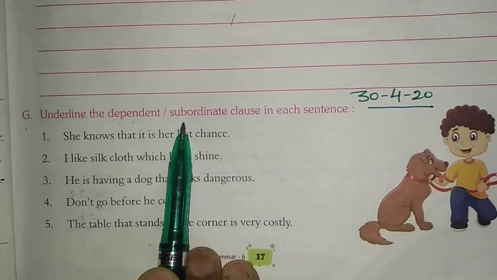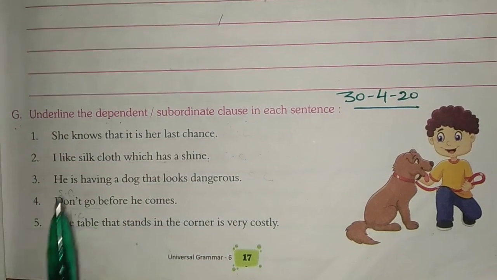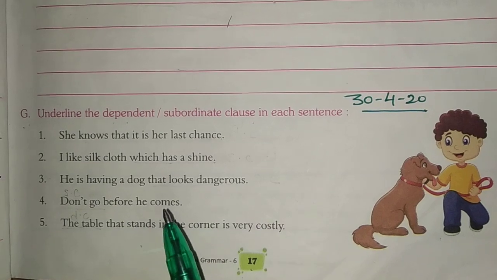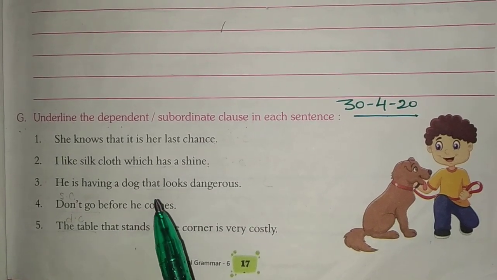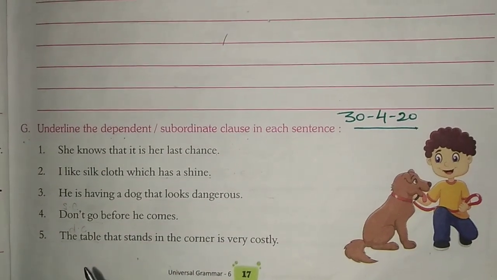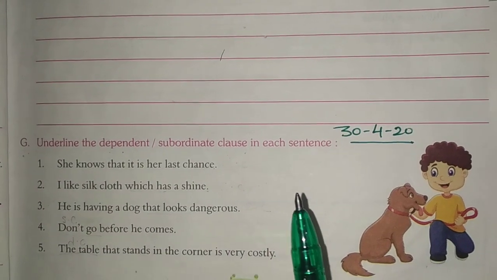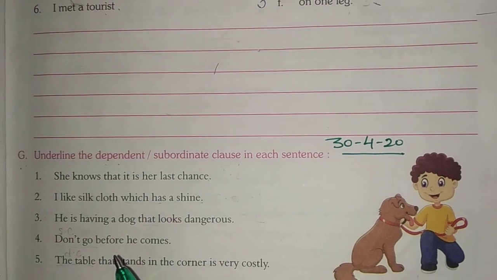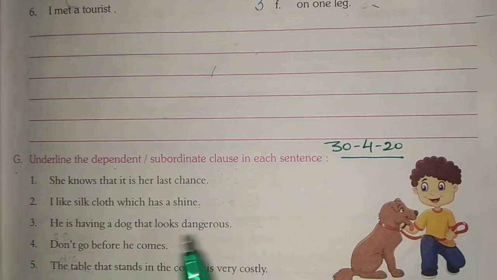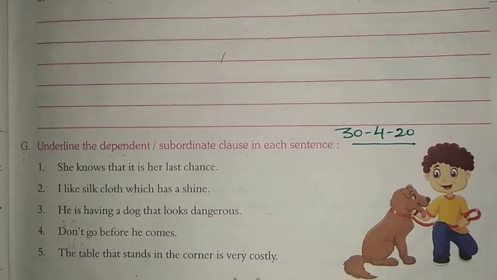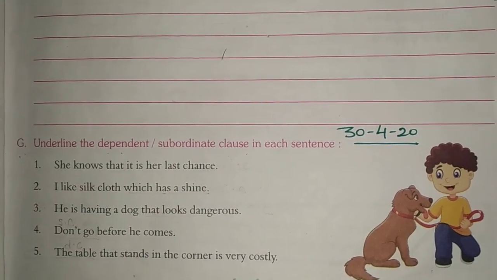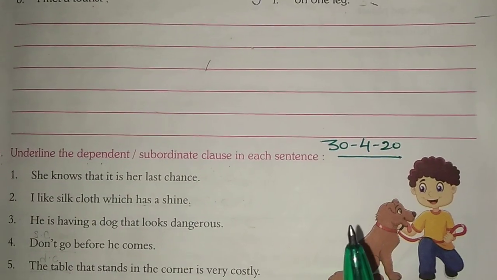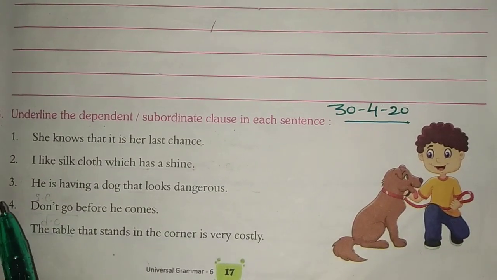I have told you that it cannot make complete sense when separated from the sentence. It gives sense only when accompanied by an independent clause. Clear? When it gets support, then it will give the complete meaning. It means an incomplete sentence doesn't convey full meaning. Clear? Now come to the exercise.